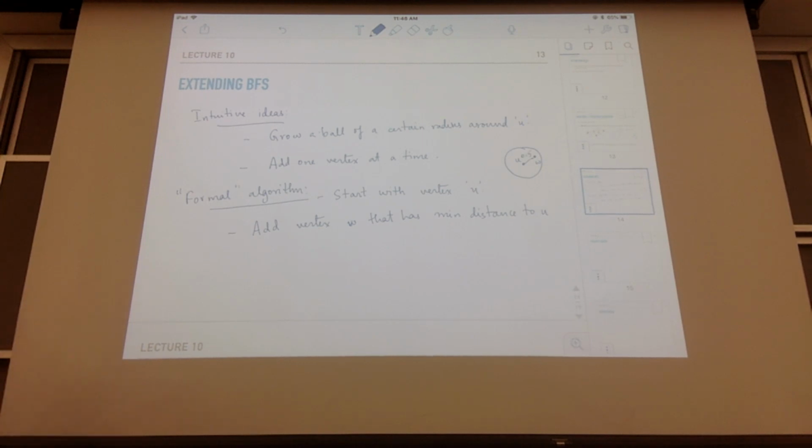And now you look for everyone. Now add vertex W prime that has the min distance to u, either directly connected to u or using the path that you've built to one of these things so far. Okay.